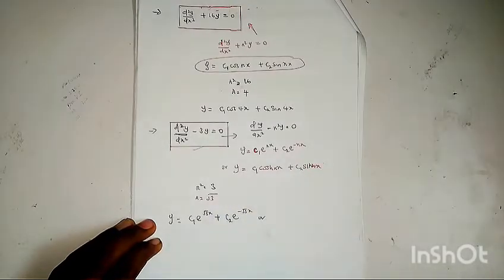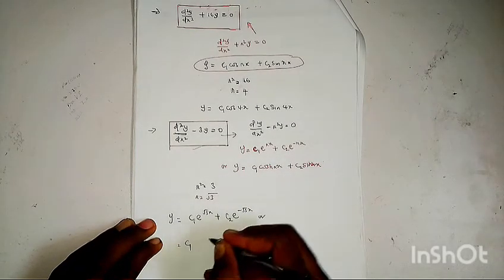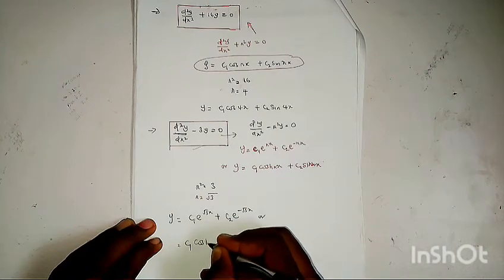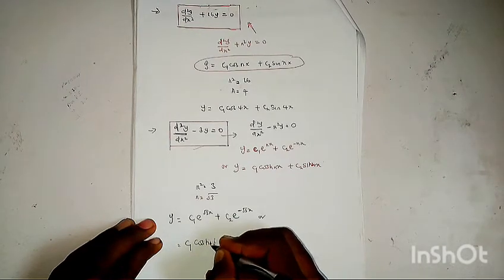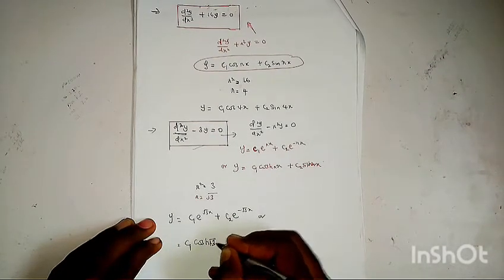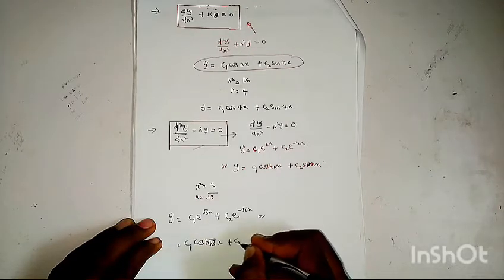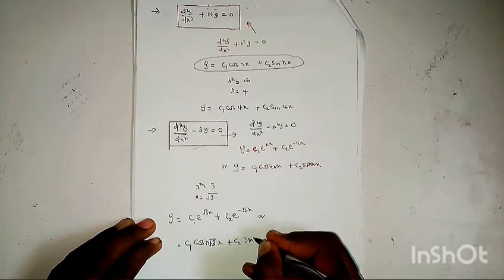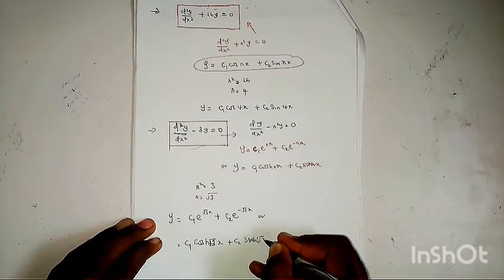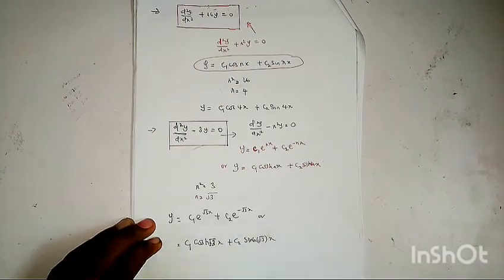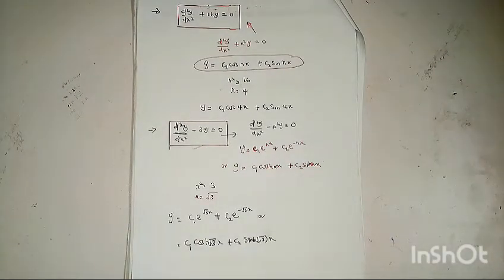Or you can easily express it as c1 cosh root 3 x plus c2 sinh root 3 x. As simple as that.